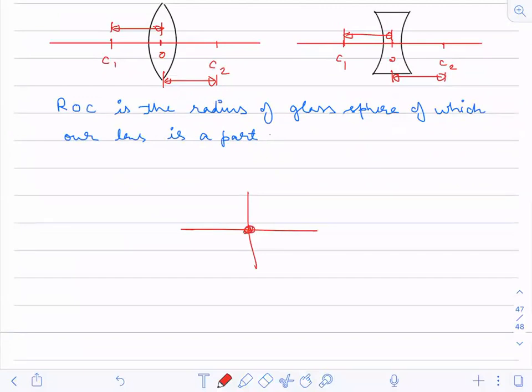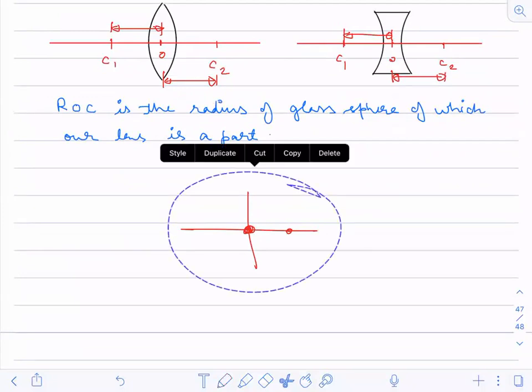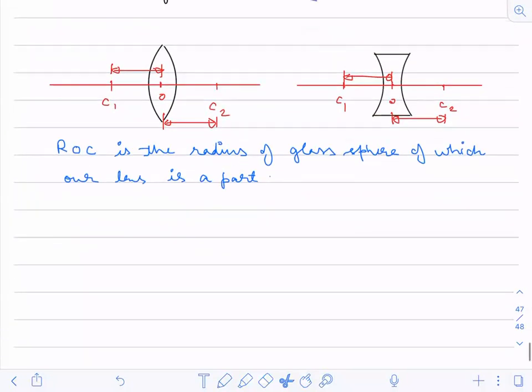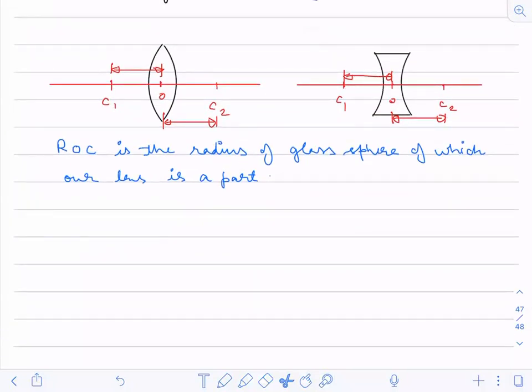Why did you take this only as the reference? You could have taken this also as a reference. There's no doubt about that. So this is just a convention that everything will be considered from the optical center, the geometrical center of the lens. So we are measuring all the distances upward, downward, left and right from it.